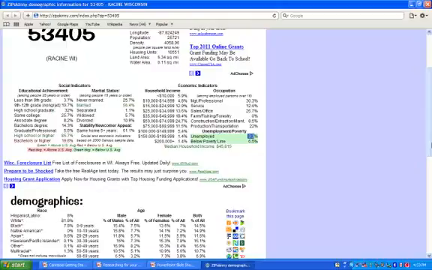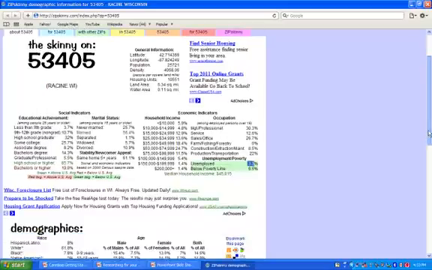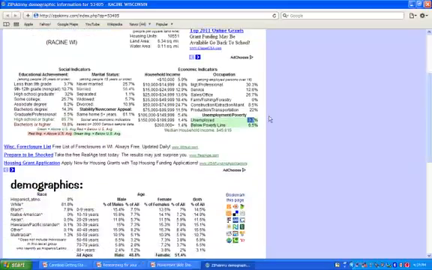Now, obviously, we know the unemployment numbers have changed since this has been published, but this is probably pulling out 2005 information, I would think, or based on 2000 census. Okay, so this is going back to year 2000.